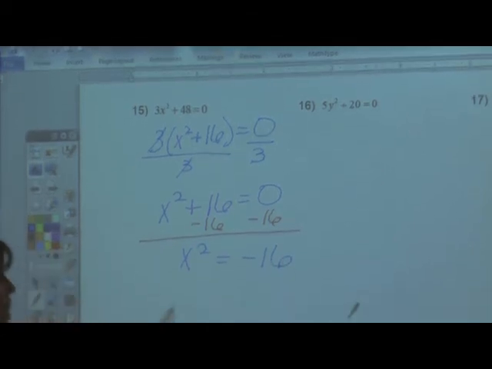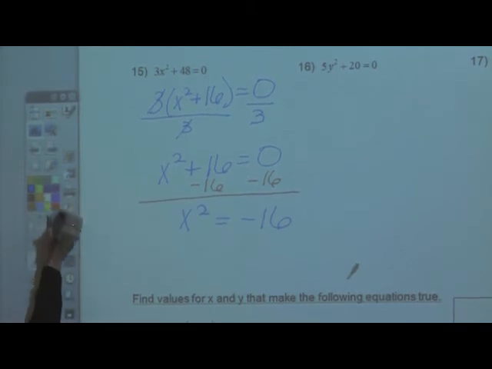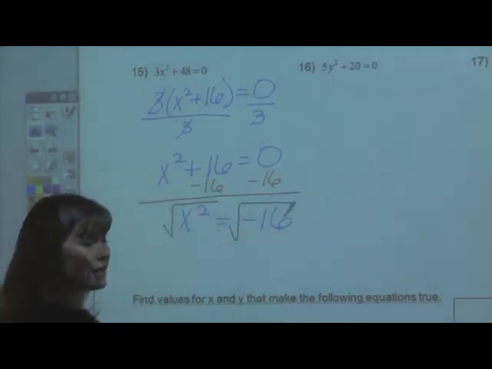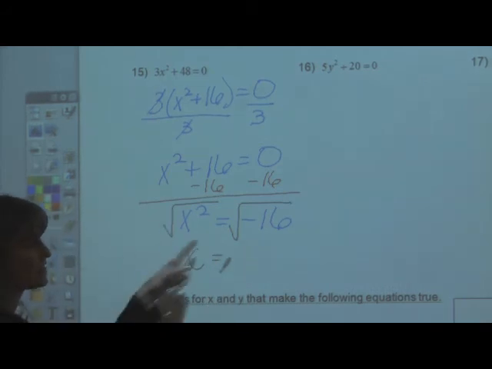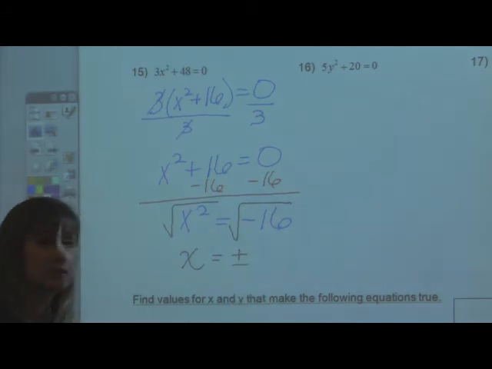So what do we do when you have an x squared? You undo it. Well, how? You undo it with a square root. And up until this point, we couldn't take the square root of a negative number, but now we can. The square root of x squared is x. And don't forget, when you take the radical, you've got to utilize that plus or minus.